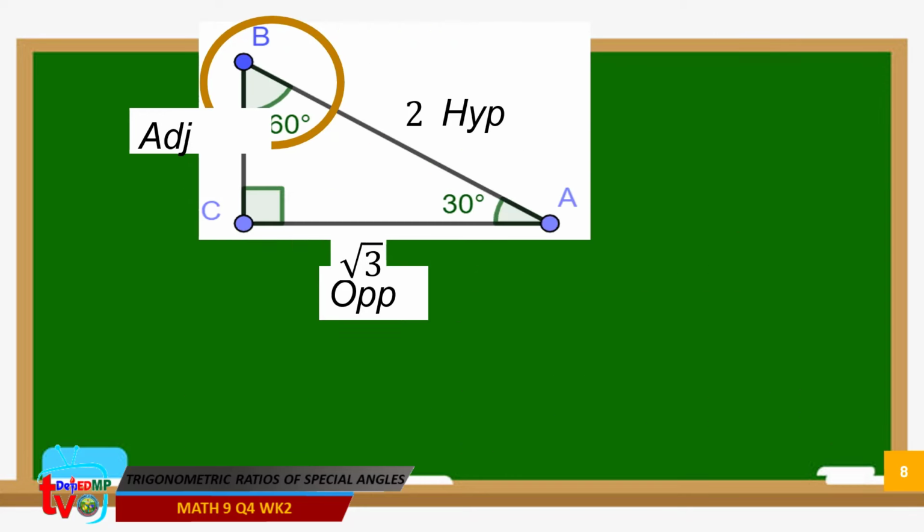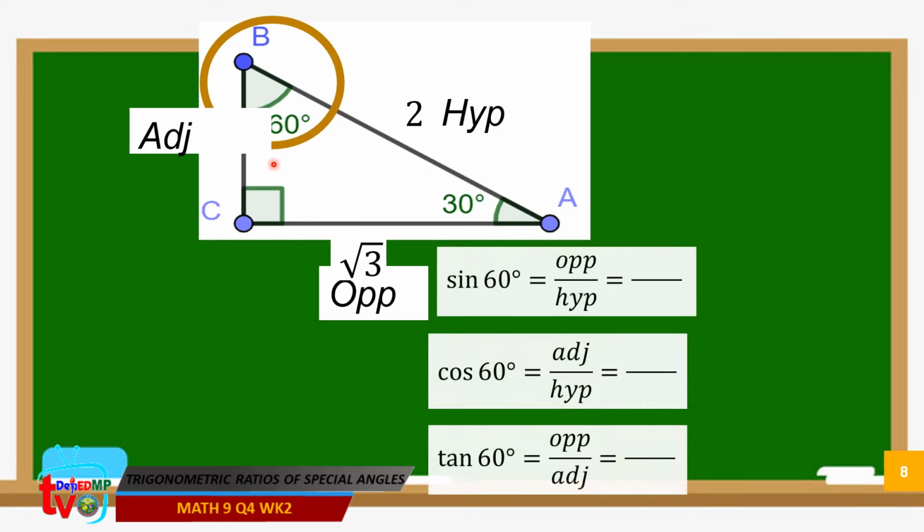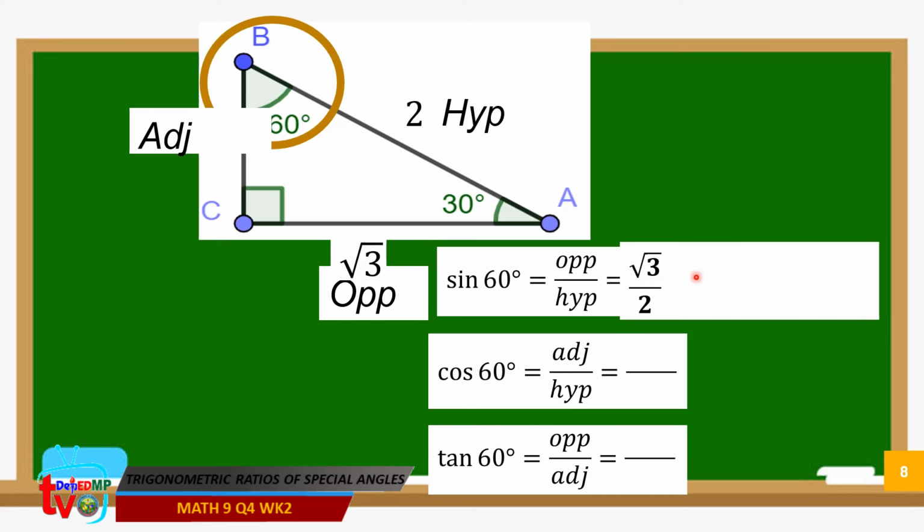Let us then solve for the primary trigonometric ratios of a 60-degree angle. Sine 60 degrees is opposite over hypotenuse, and the opposite side is square root of 3 units long, while the hypotenuse is 2. So we have square root of 3 over 2. Again, this cannot be simplified further.